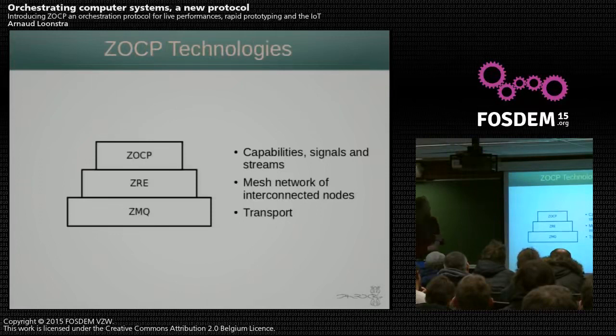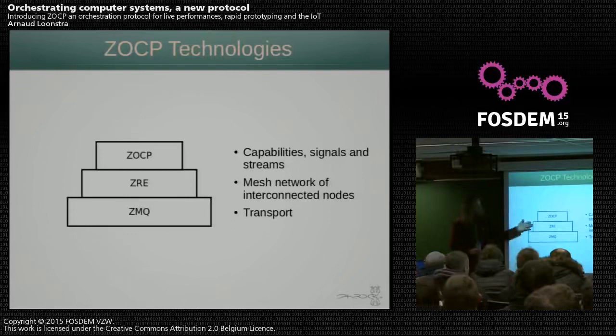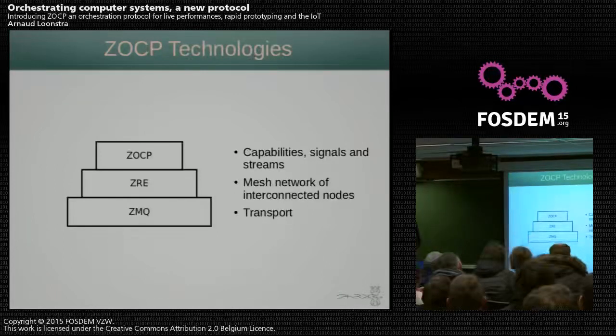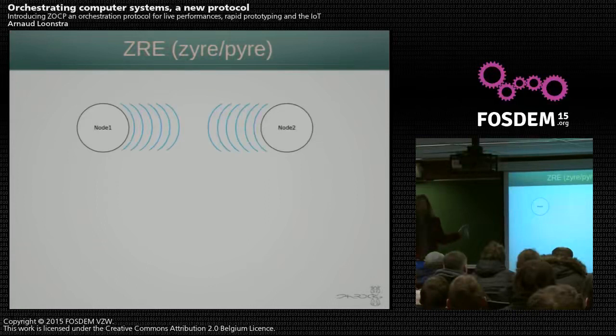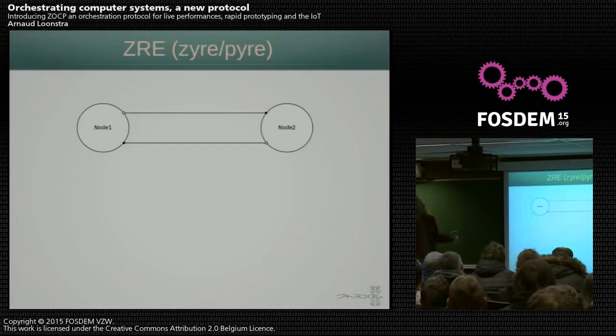But first, like I said, it's built on top of 0MQ, and on top of that we have the Zaire framework with the ZRE protocol, and on top of that we have ZOCP. And ZRE, or Zaire, gives us the interconnected nodes. I'll just explain how it works quickly. Imagine two nodes, they broadcast, and that's how they discover each other, so they can do a handshake.